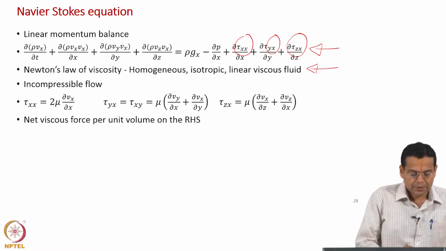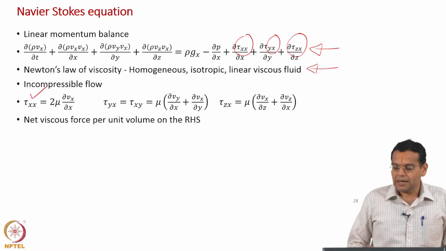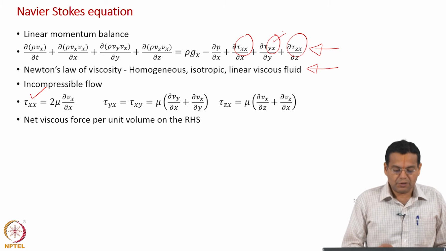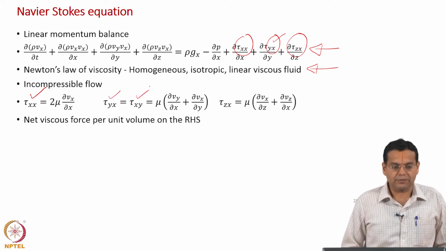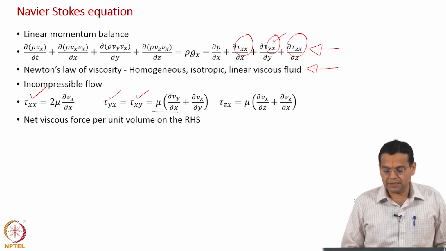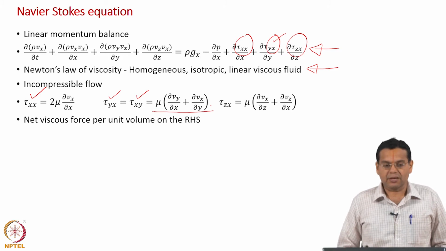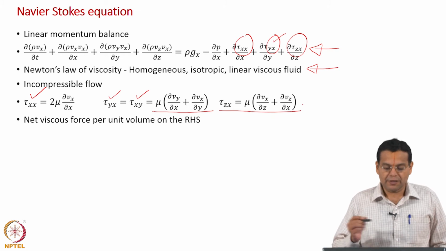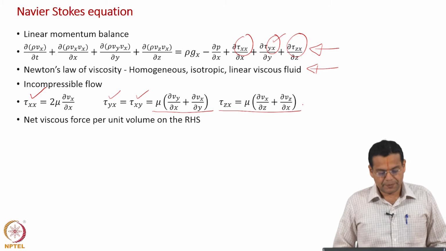What are they? Tau xx, and because this equation has been written for the x direction, tau yx. Now, of course, we know that tau yx is equal to tau xy, and this is the relationship between tau xy and the velocity gradients. Of course, we have tau zx. So, out of 6 equations, we now require only 3 of them.